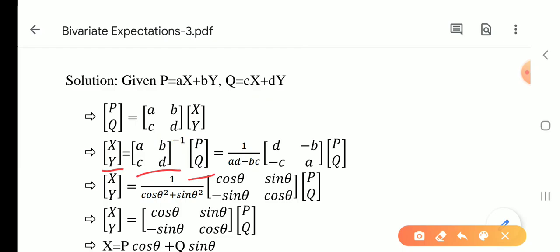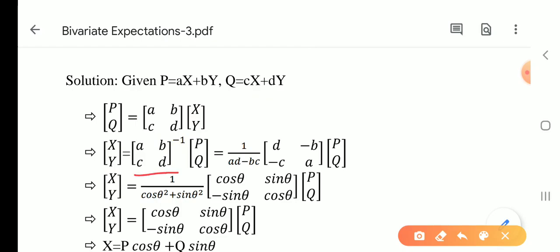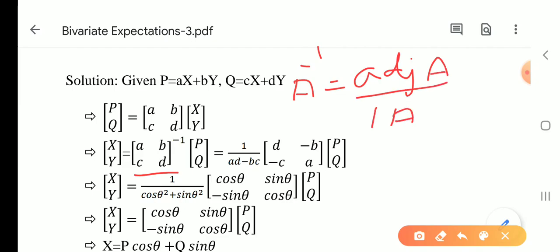Let us find the inverse of the square matrix ABCD now. You have already learned the formula for the inverse of a matrix in your PU. A inverse is given by adjoint of A by determinant of A.